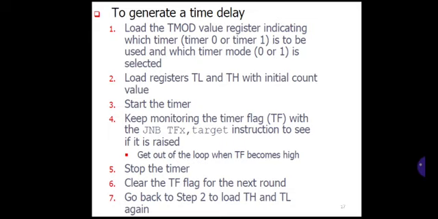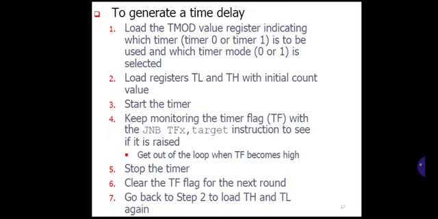That means this instruction checks whether the timer flag is 1 or not. If it is not 1, execute the instruction again until TF becomes 1. So this is the instruction that is performed.